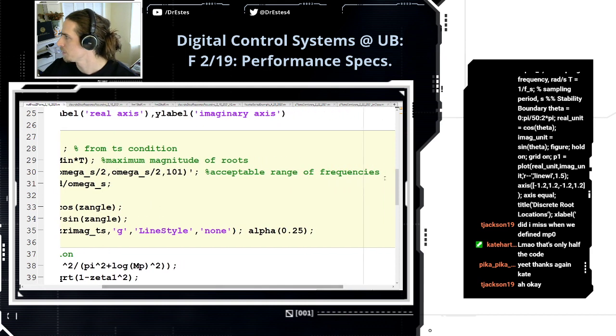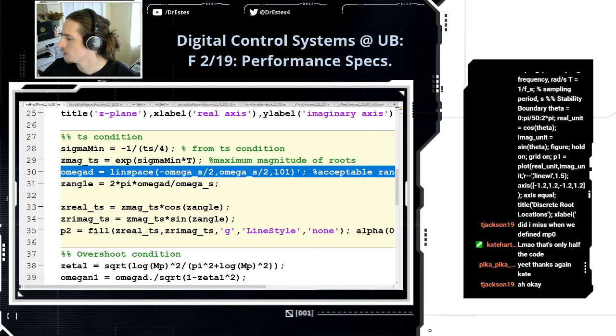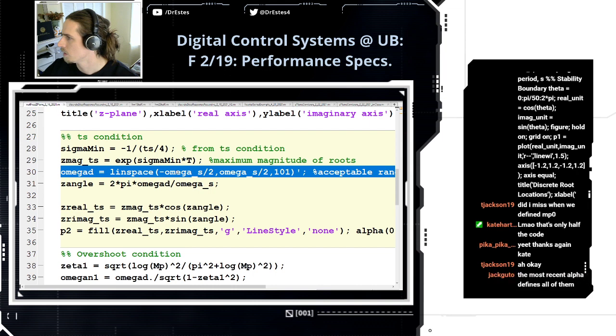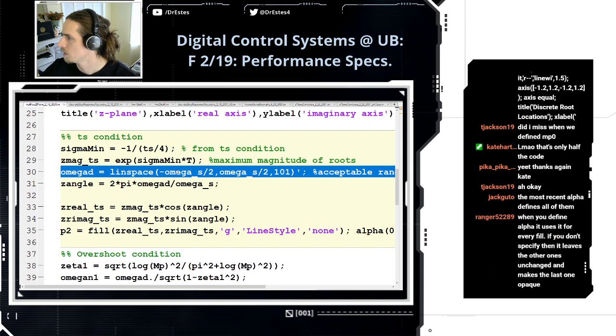And I was trying to remember how I did this before. When you define alpha, it uses it for every fill. If you don't specify it, then it leaves the other ones unchanged and makes the last one opaque.